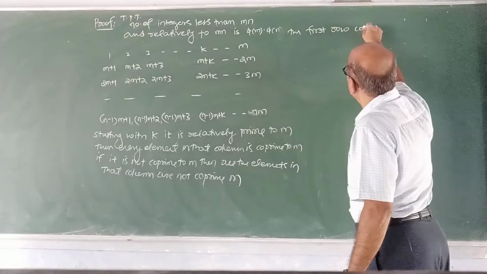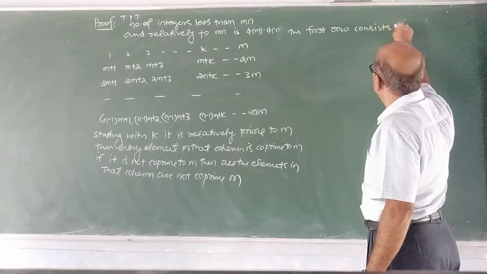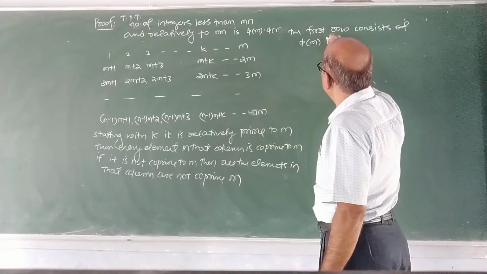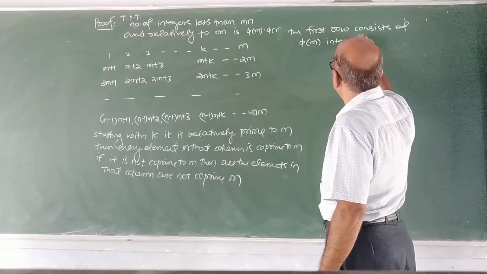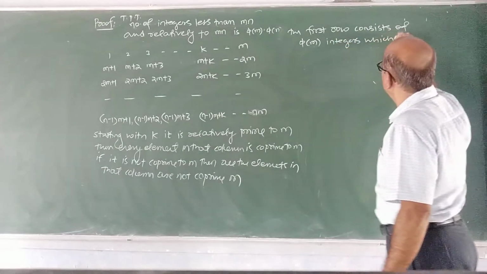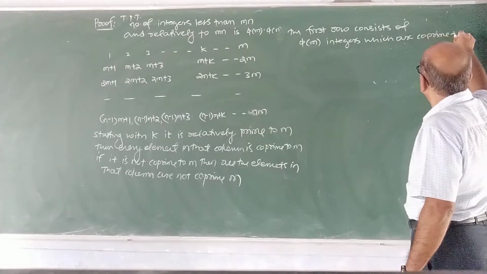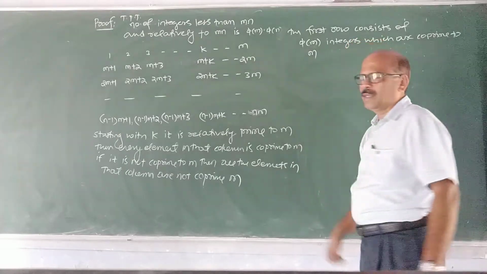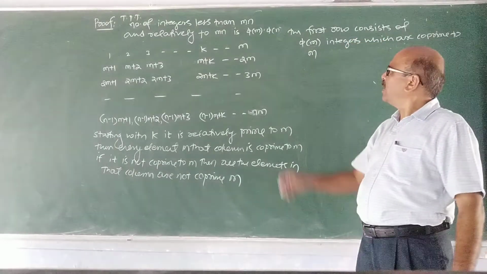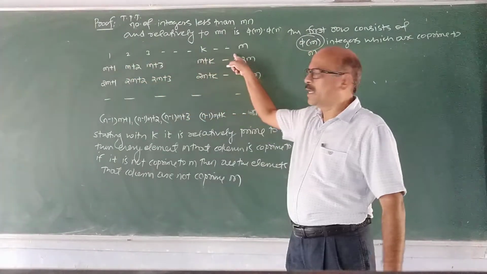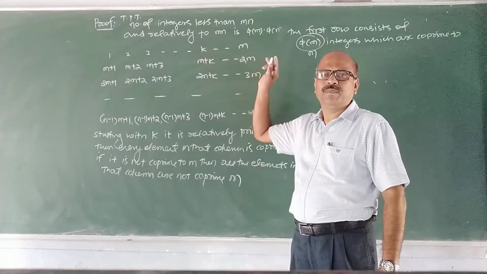Now, the first row consists of pi m integers which are co-prime to m. See the notation here we have used. How many integers in this row are co-prime to m? Pi m.